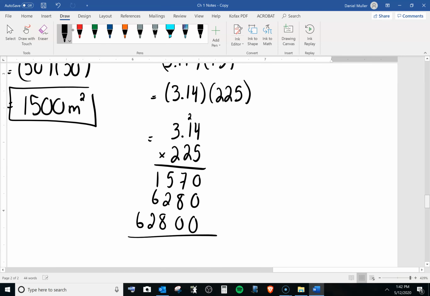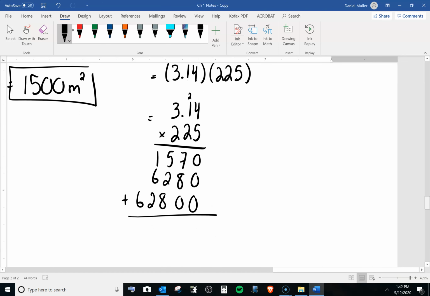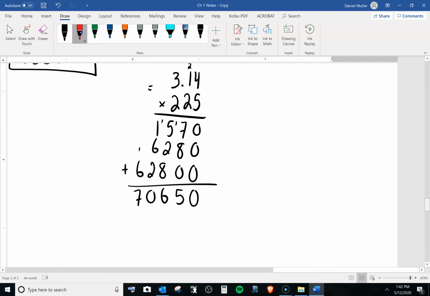So I've got all of those. So all these zeros. 7 plus 8 is 15. That's 10, 16, 6, 7, 8, 9, 10, and 7. So this is a lot, but then we have to remember there's 2 decimal places. So we get 706.50. You don't need the 0 though.